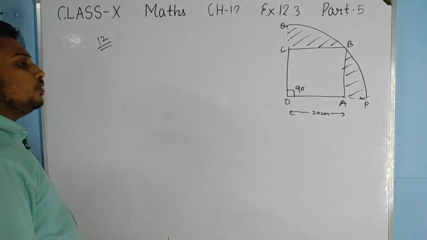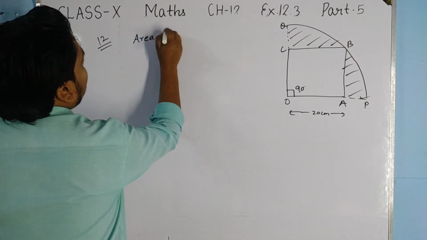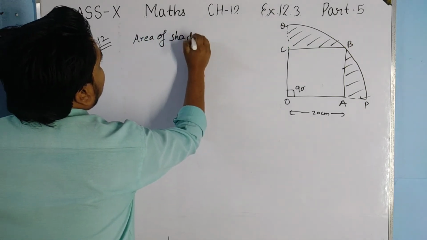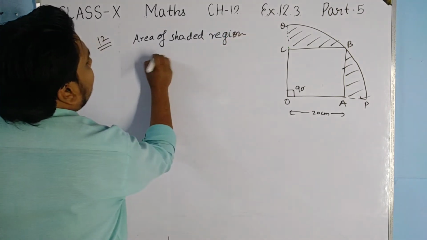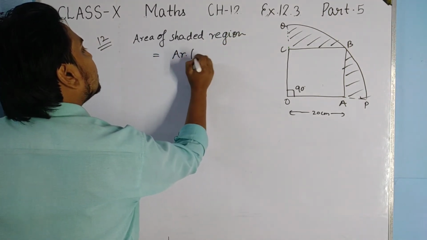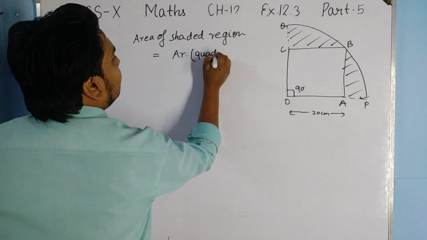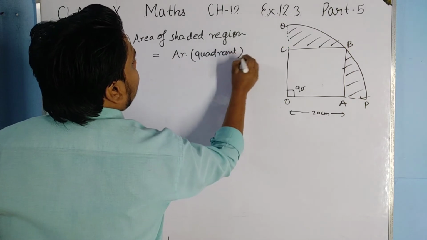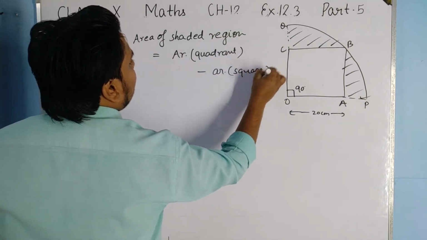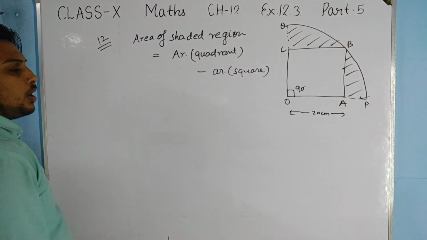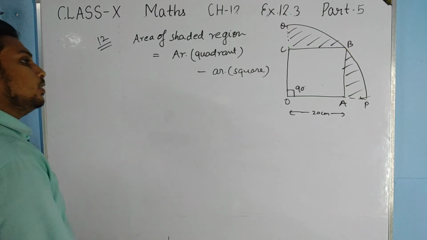See, the concept of the question is very easy. If we want to find the area of the shaded region, we have to firstly find the area of the quadrant, and then subtract the area of the square. But how will we find the area of the quadrant when the radius is not given?